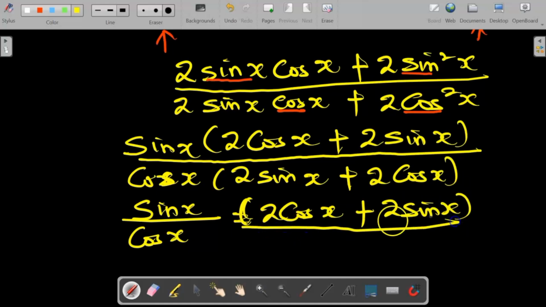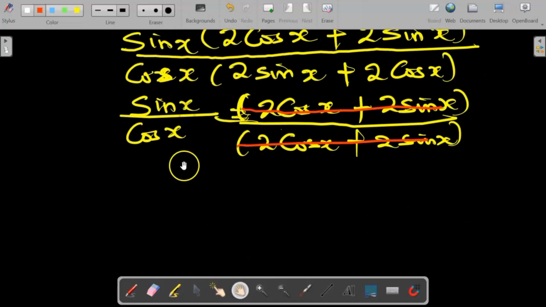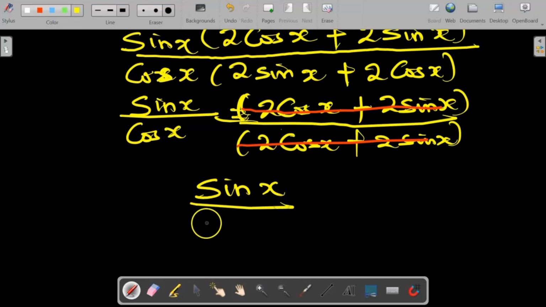I'm going to rearrange this, since addition is commutative, so 2 cos x plus 2 sine x. So these two terms are identical, so they cancel out, leaving us with sine x over cos x.